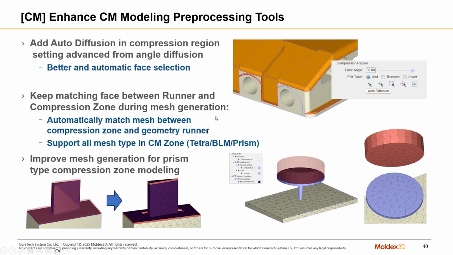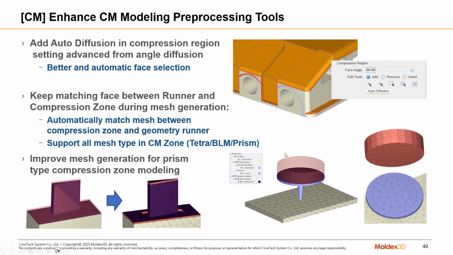And in addition to that, from the modeling side, we've introduced some new capability for creating a compression zone for vertical surfaces. If you wanted to separate different areas of your compression zone, our solver is now able to handle that to some degree. If there's a lot of vertical surfaces across the part, the solver is still a little bit finicky sometimes, but we are able to handle some simple cases with vertical surfaces.